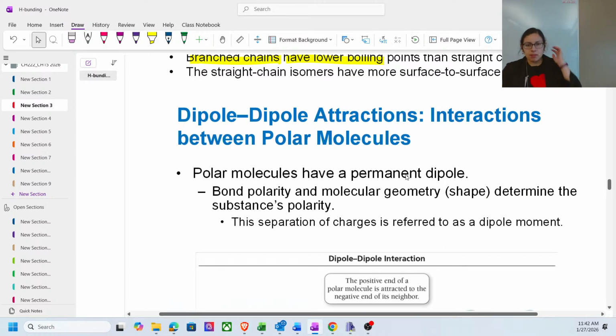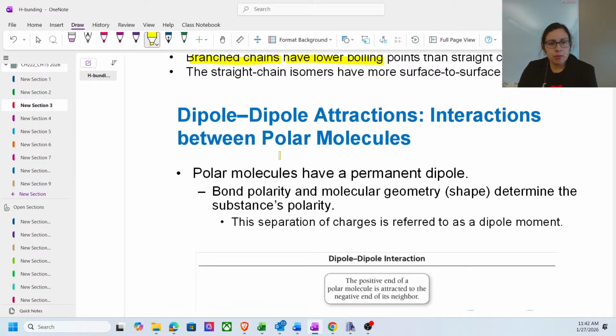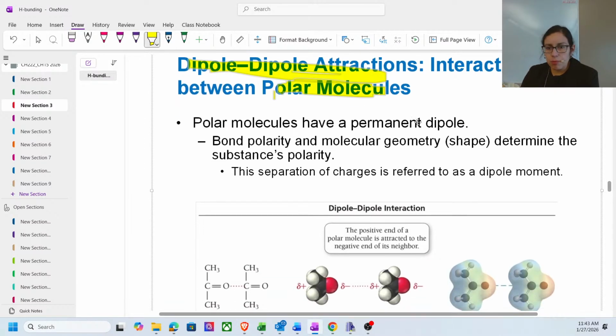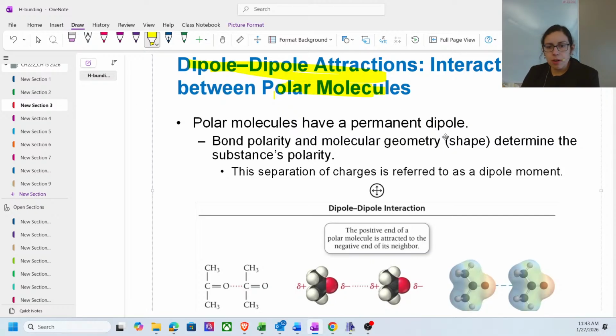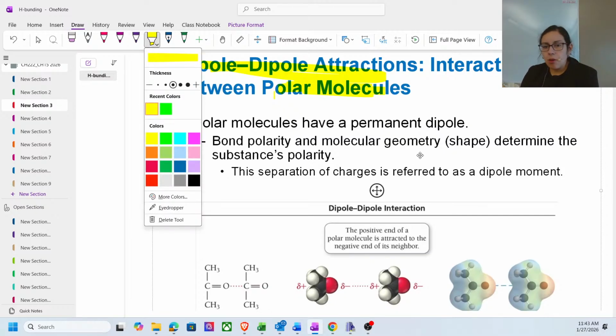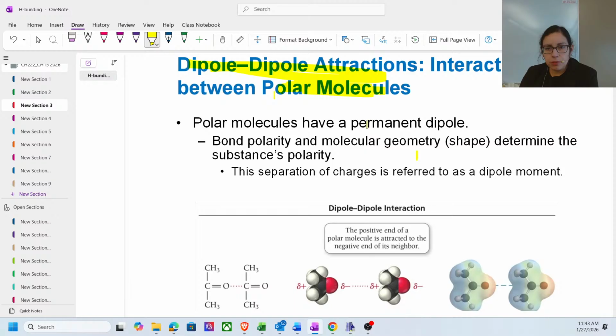All right, so now we can look at the next intermolecular force, which is our dipole-dipole interactions, or interactions between polar molecules. That's why it's important that you can recognize whether something is polar or nonpolar, since the whole point of a polar molecule is that it has a permanent dipole.